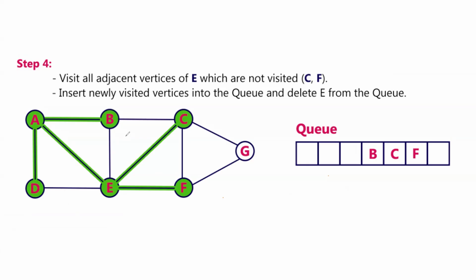Firstly, we start from A to D, then we have no more vertices from the D. We have only one E, and we traveled to E. And now we removed A, and now we deleted D because we already visited it. And now we reach E, right? From E we have B, we have C, and we have D, right?